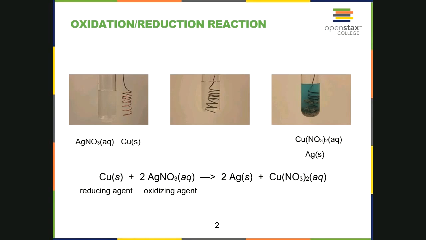We can break this apart into two half reactions. So on one side, I've got the copper solid, and then that's going to, I need an arrow, and then that's going to produce copper 2 plus cation.